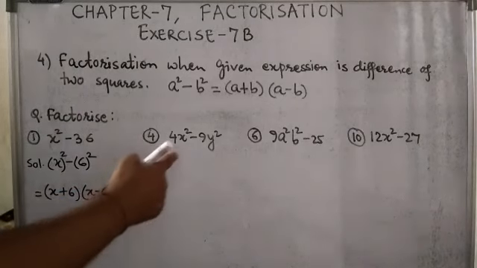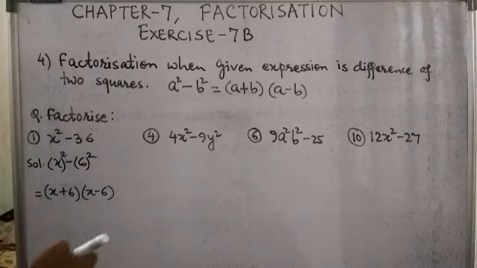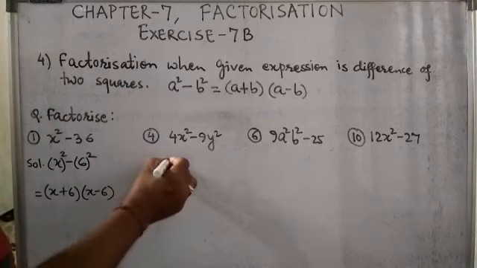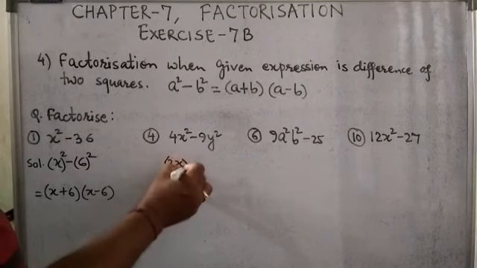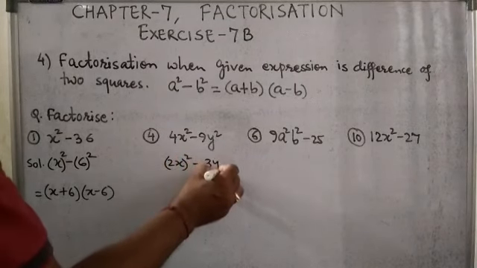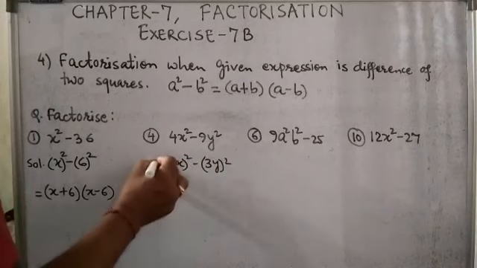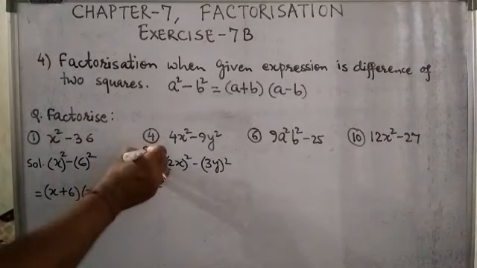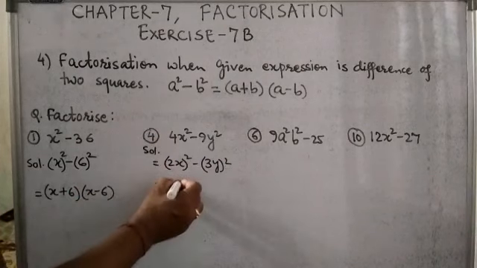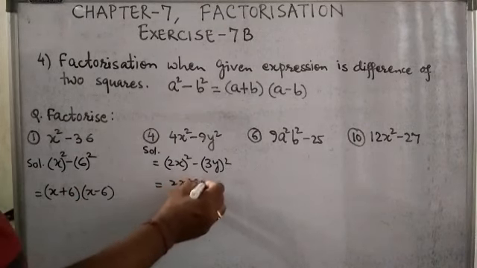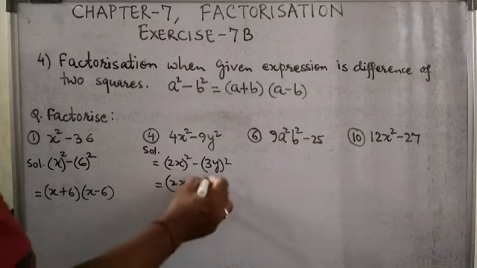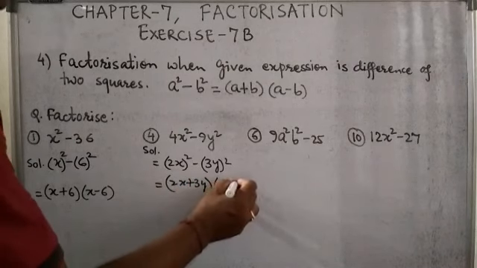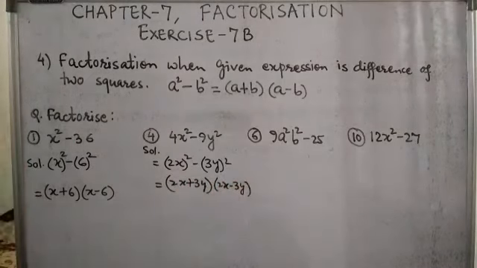Now in the next question, again we have to change it into squares of two expressions, that is 2x whole square minus 3y whole square, without changing its meaning, so 2x plus 3y and 2x minus 3y is the solution.